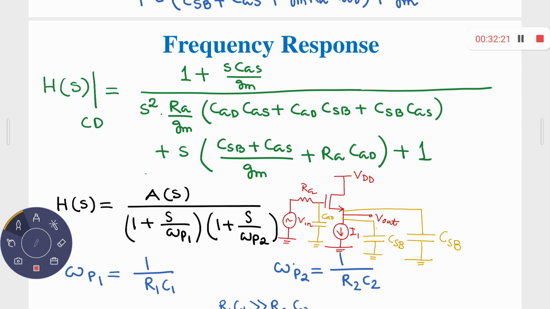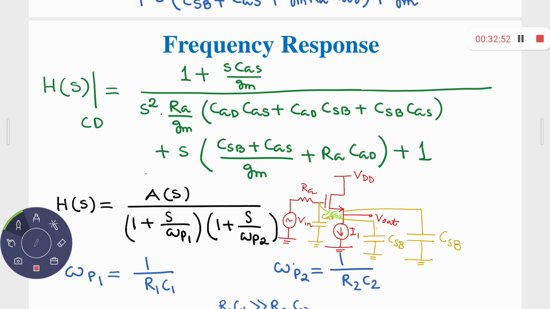Can you get the point? That effect you can incorporate within CGD because you already have the capacitor between gate and drain. Now, what was that capacitor? That capacitor was there between gate and source, CGS. Drain is the reference terminal. So I have to put this capacitor into two parts, one between gate and drain, and second one between source and drain.